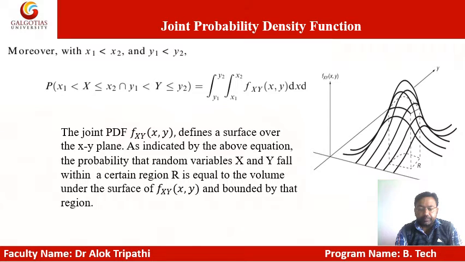Now in this slide we shall discuss how to generate probability for some specific region by the joint probability density function, as we did for a single dimensional random variable.